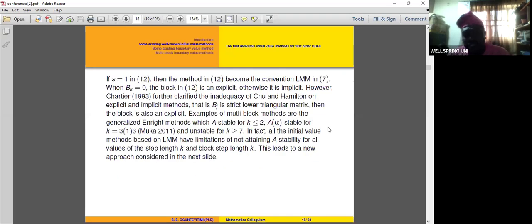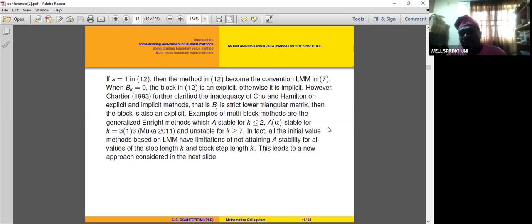Also, Chantier in 1993 further clarified the inadequacy of Chu and Hamilton on explicit and implicit methods. That is to say, Chantier informed in his article that the Chu and Hamilton work is not implicit in nature, that it is explicit in nature.